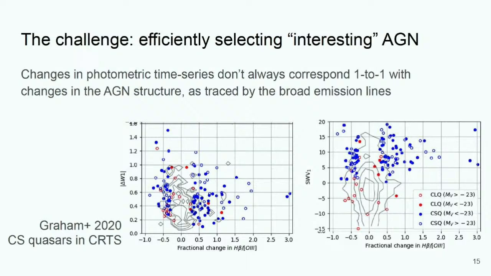And so you can see that all these highlighted points are the changing look object candidates, and they're kind of scattered vertically, right? It's not like everything up here is varying a lot in the light curve and varying in the spectrum. So you've got this huge spread. Just because something's displaying interesting changes doesn't mean that simply measuring the change in the light curve is going to tell you to follow that object up.